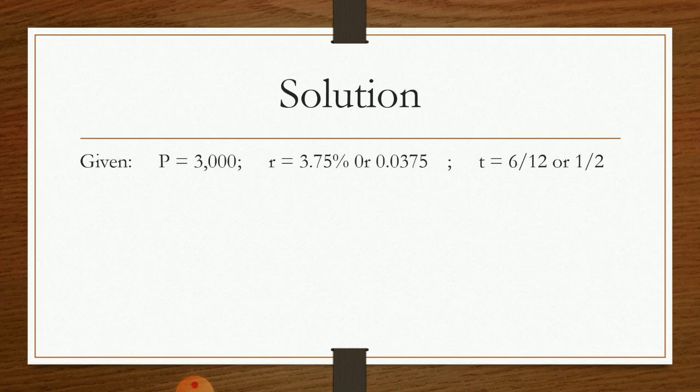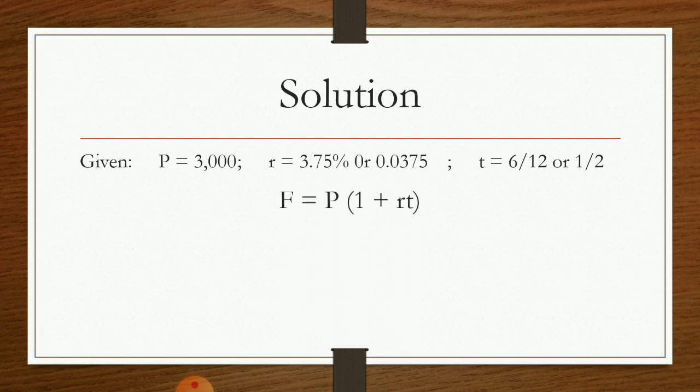The rate is equal to 3.75%, or that is 3.75 divided by 100, which is equal to 0.0375. And the time is 6 months. So since time should be in years, therefore, let us divide 6 by 12. So that is 1/2.